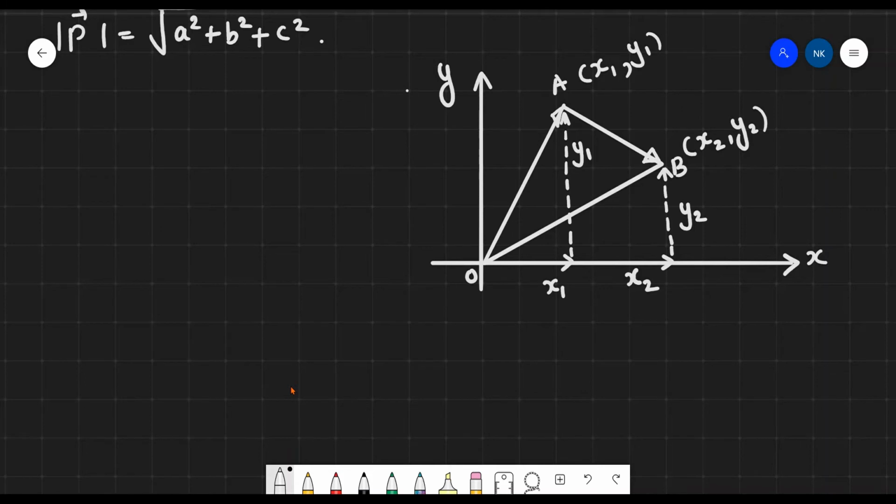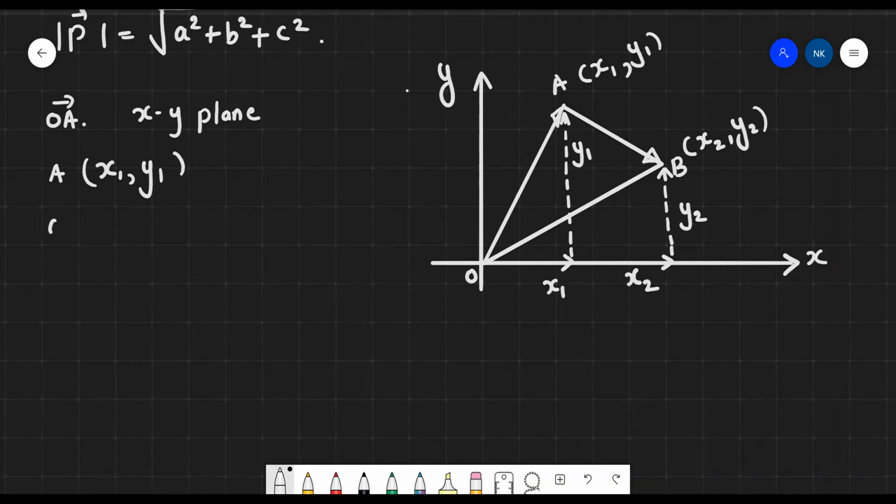Now let's discuss another question they gave. We have one vector, that is OA vector, and that is in the xy plane. Point A has its coordinates as x1 comma y1.